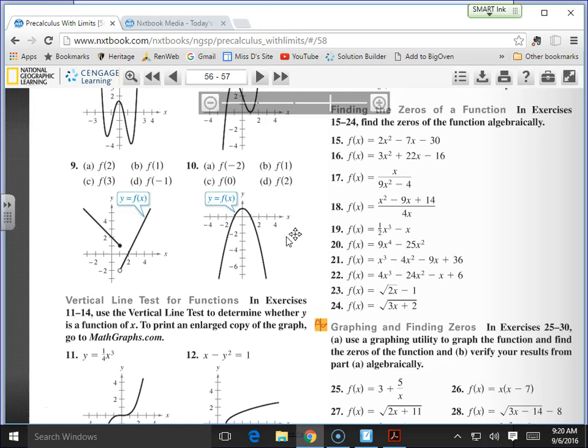Go find 1. Don't go to the hole, that's not really existing. Go to the filled-in point, and it looks a lot like 1. Go to 3. Looks a lot like, ooh, you're going to have to approximate. I'm going to say 2 because that slope looks like up 1 over 1. And then negative 1. Looks good to me. Cool. Remember that notation.